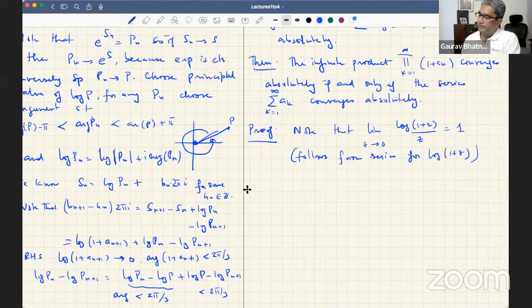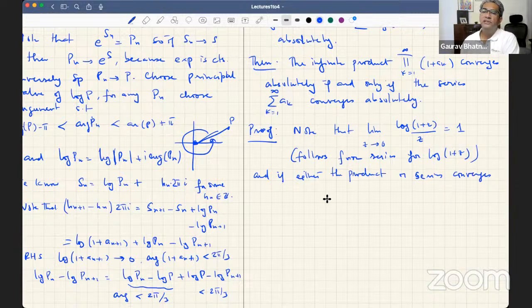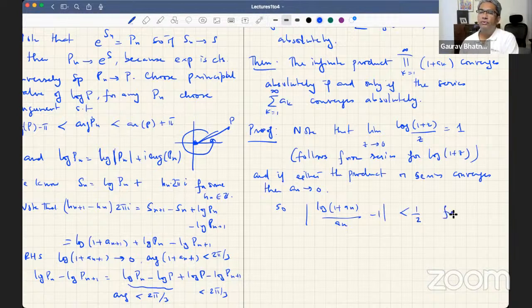And if either the product or series converges, then a_n goes to 0, so z is going to 0. So now we apply it here. For n large enough, we have log of 1 plus a_n over a_n minus 1 is less than, let's say, half, for n large.